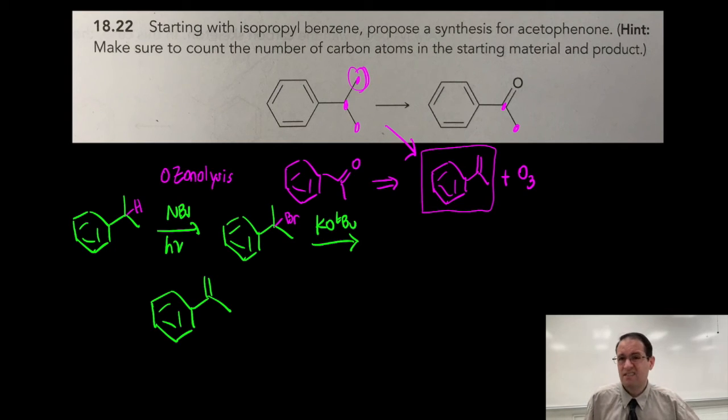And that will give me an alkene, methylstyrene, and then what we do is treat this with ozone. It's a two-step procedure. Dimethyl sulfide or zinc and acid is used. I think this book uses dimethyl sulfide.